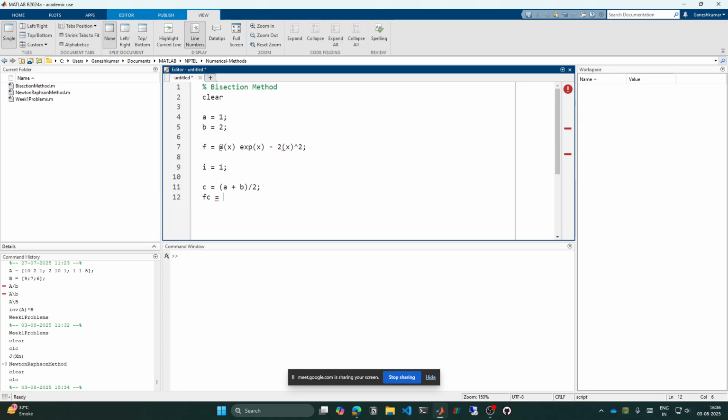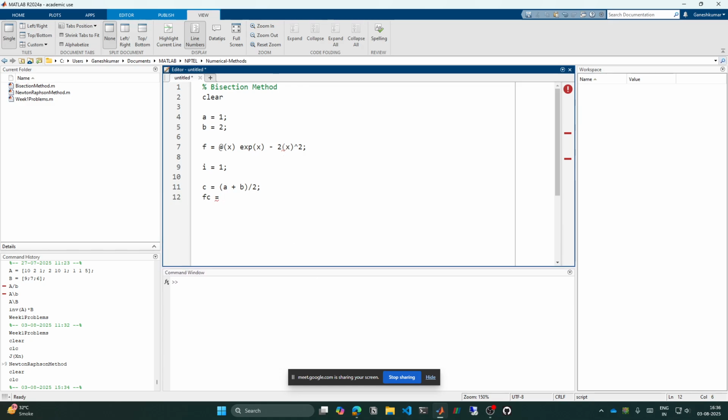Here this is the variable, and you assign the result to it. That's the thing about MATLAB, it's very simple. So fc is the exponential of c minus 2 times c square.